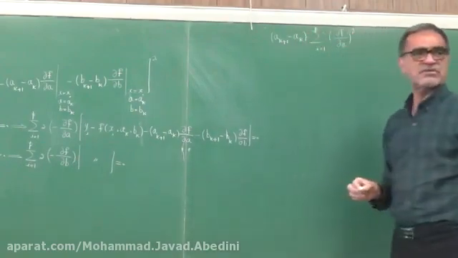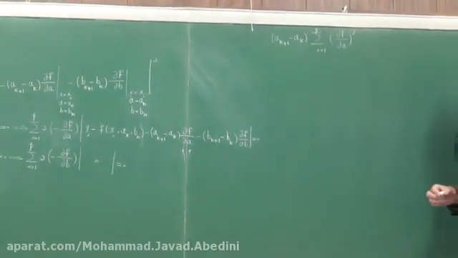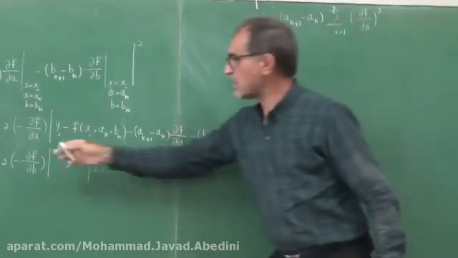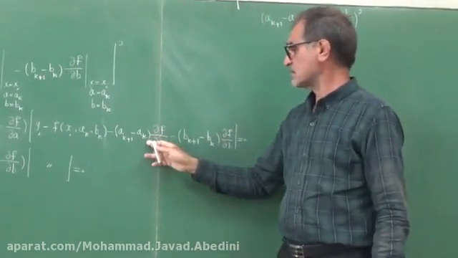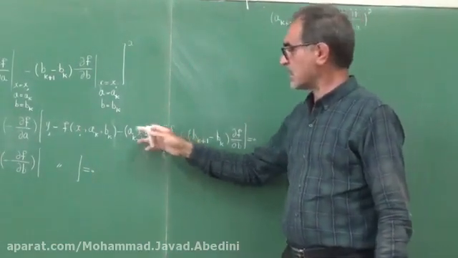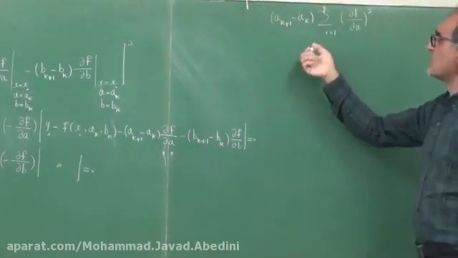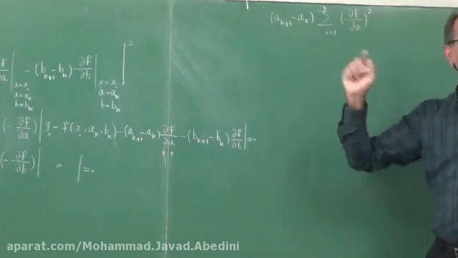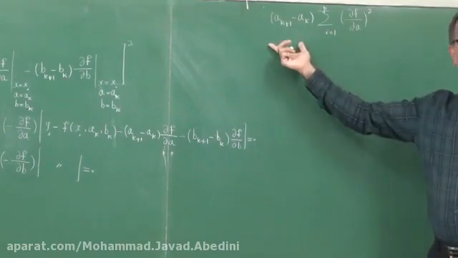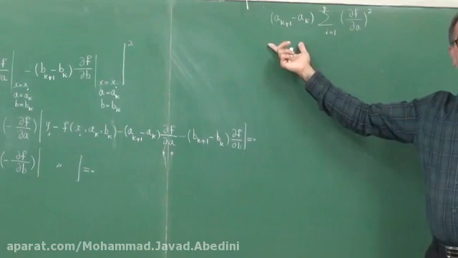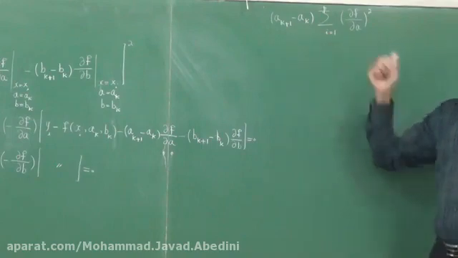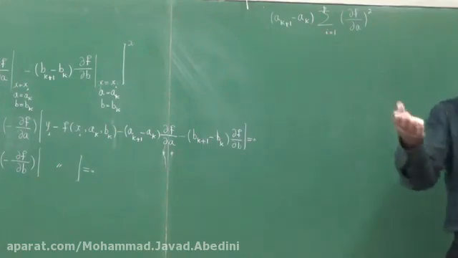Why to the power of 2? Because you have to multiply this by this, and this times this will become 1 to the power of 2. And then why did I bring this outside? Because this has nothing to do with the index of summation. You can bring it outside.